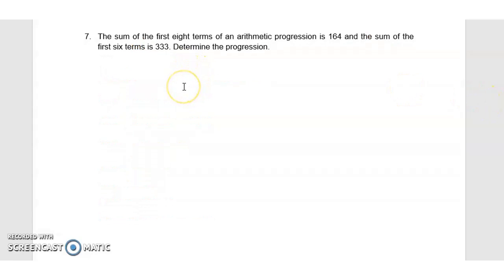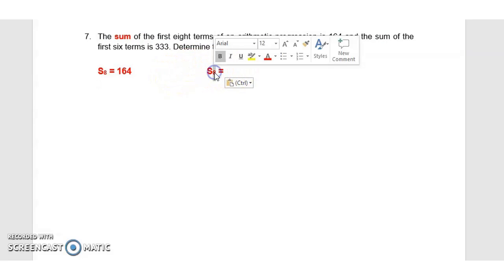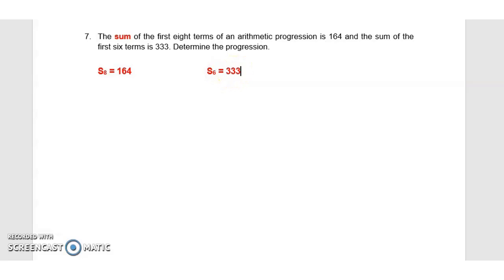Now question number 7. The sum of the first 8 terms of an arithmetic progression is 164. So again, sum, so we use the sum formula. Given here, sum of first 8 terms, S8 equal to 164, and the sum of the first 6 terms is 333, so S6 equal to 333.